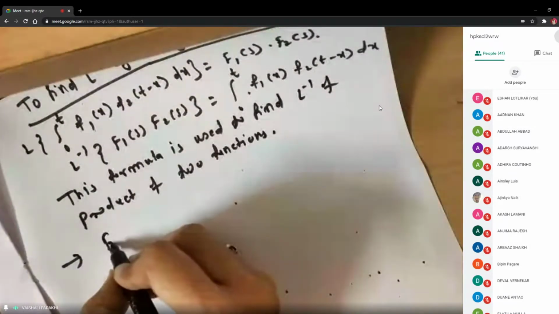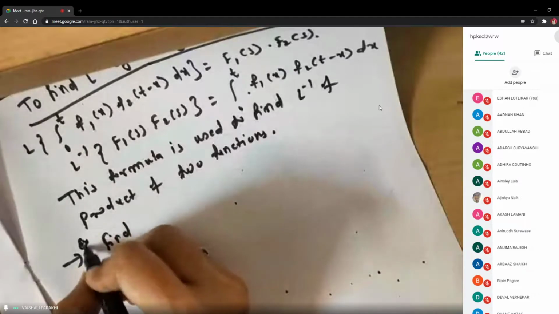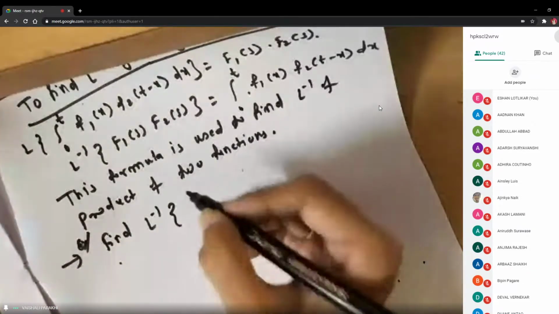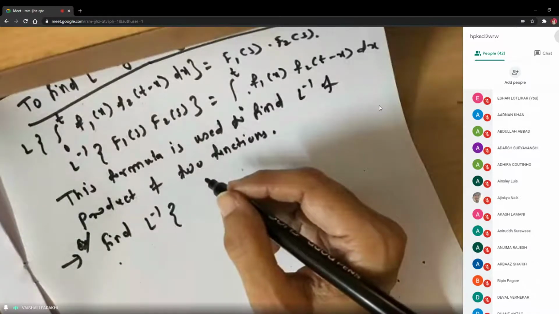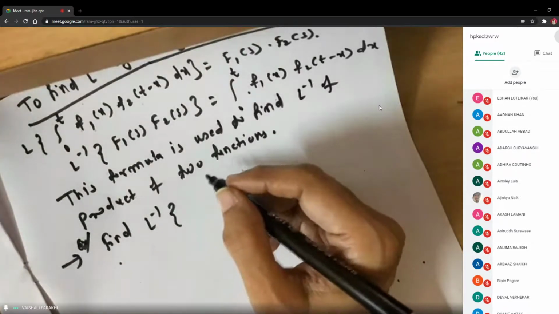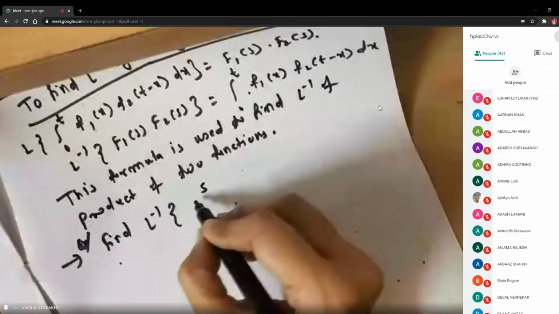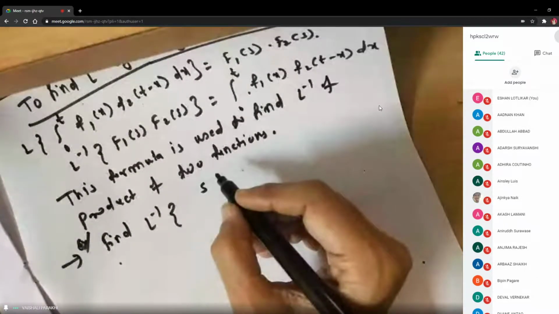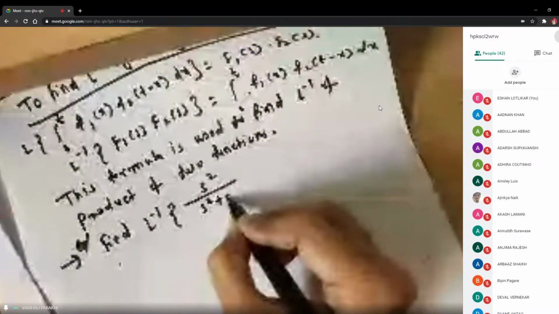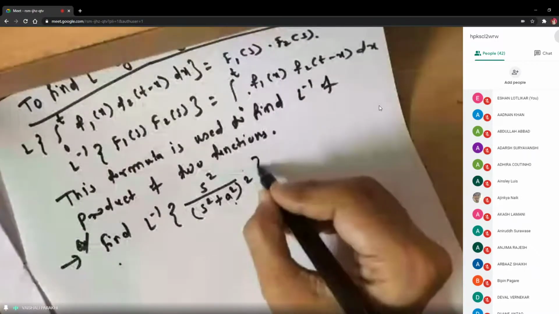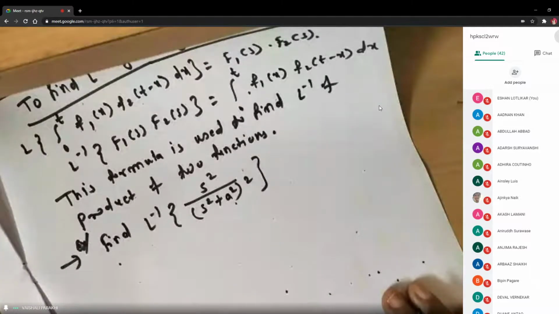Example: find L inverse of, let us take this, S square upon S square plus A square, the whole square. Okay.